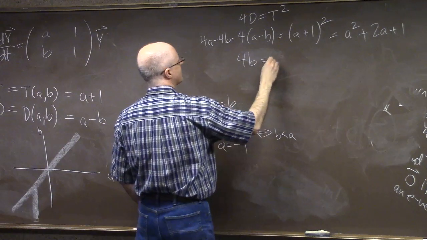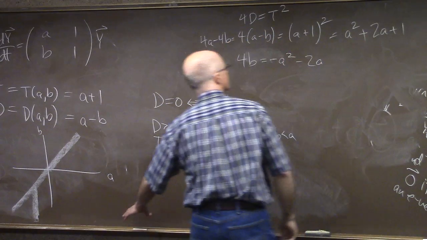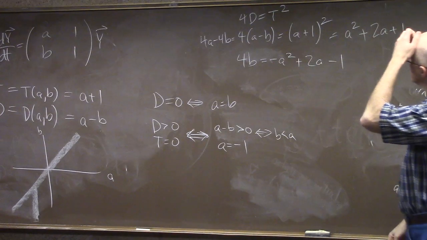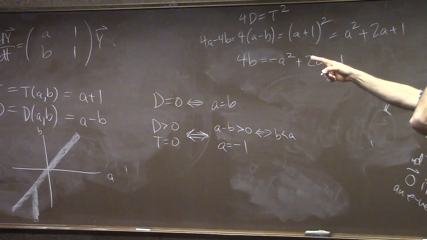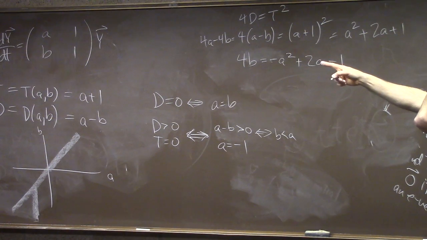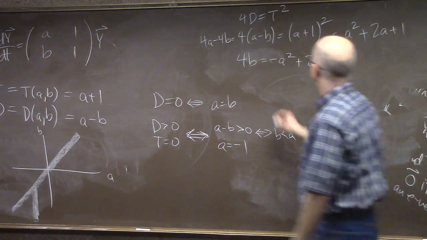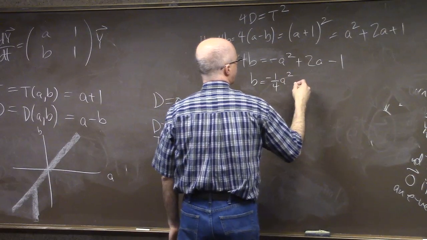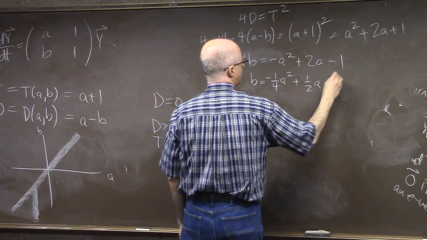Maybe you're going to get plus 2A minus 1, I think. So B is going to be negative 1/4 A squared, plus 1/2 A minus 1/4.